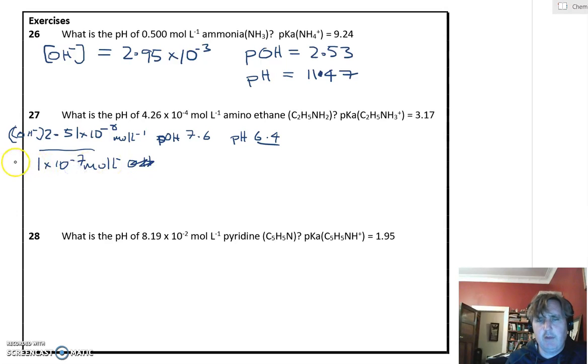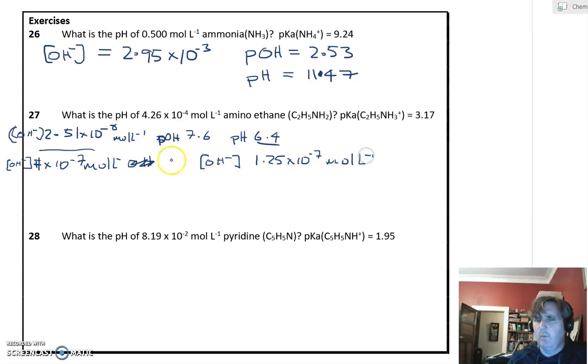So when I add the concentration from our very weak base onto our original concentration, I now get a concentration of OH minus that is 1.25 times 10 to the negative 7 moles per litre.